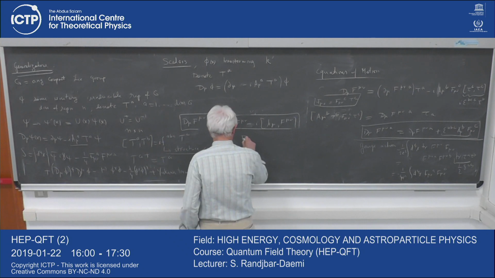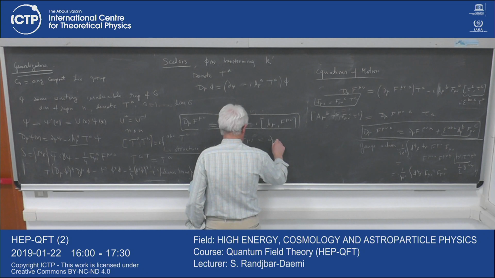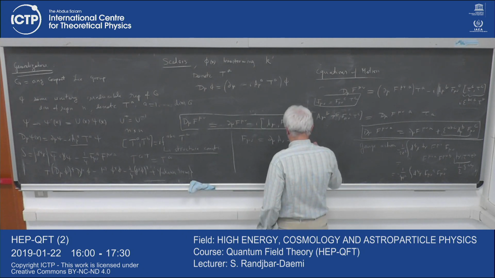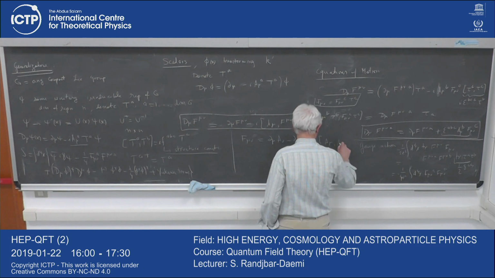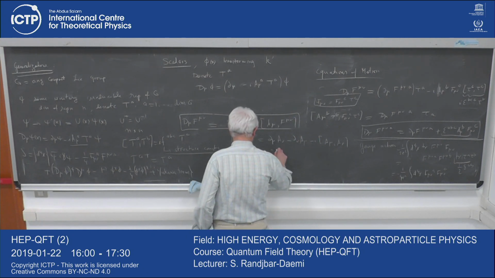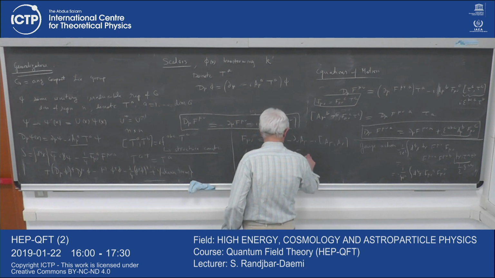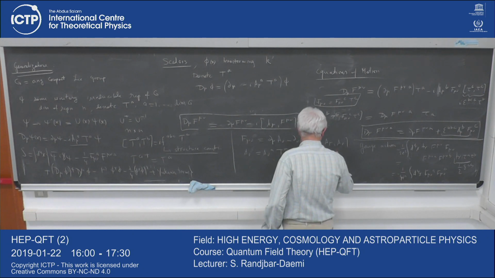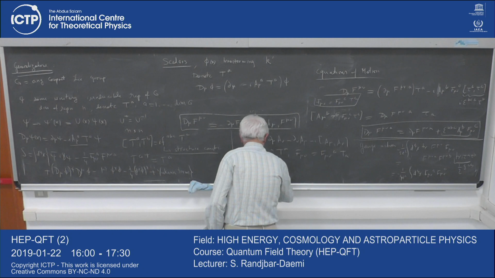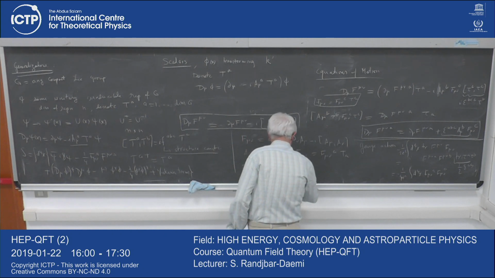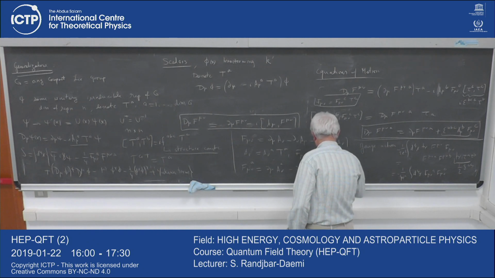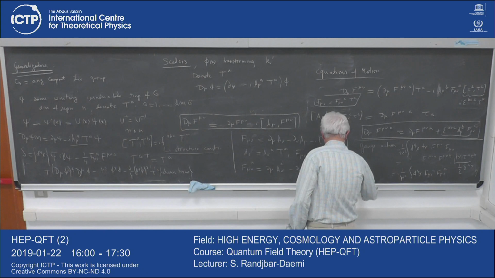Going through the same scheme, you will find the same definition of F, except that now A and F are in the Lie algebra of this arbitrary group G. A_mu is A_mu^A T^A. Likewise, F_mu nu will be F_mu nu^A T^A, and if you substitute these, you will get F_mu nu^A equals D_mu A_nu^A minus D_nu A_mu^A, and here instead of the epsilons, you will get the structure constants of the group, f^ABC A_mu^B A_nu^C.